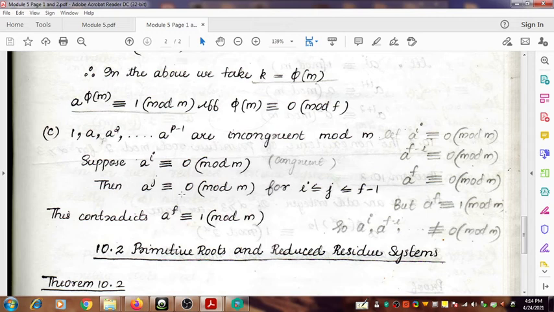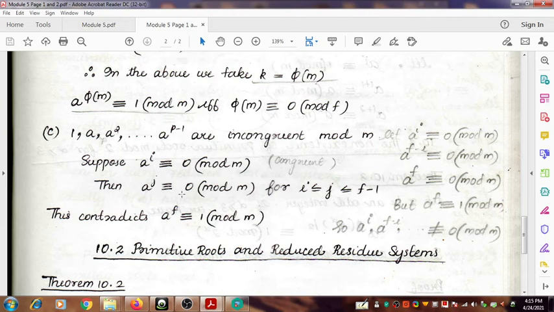I and j are two numbers, both less than f, such that a raised to i is congruent to some same remainder, say r mod m, and a raised to j is also congruent to r mod m. Therefore a raised to i is congruent to a raised to j mod m. Okay, that's another way of writing that.